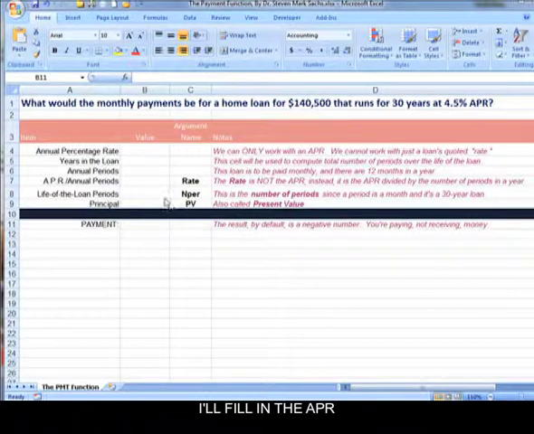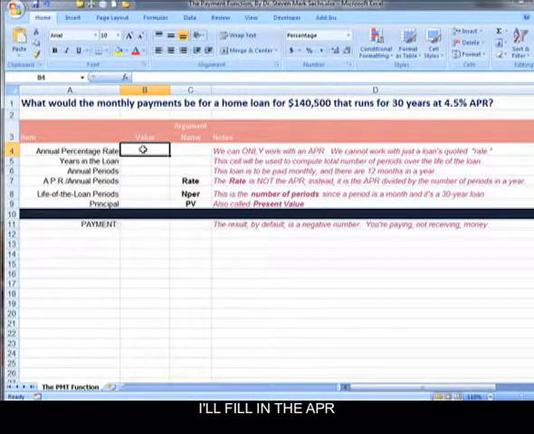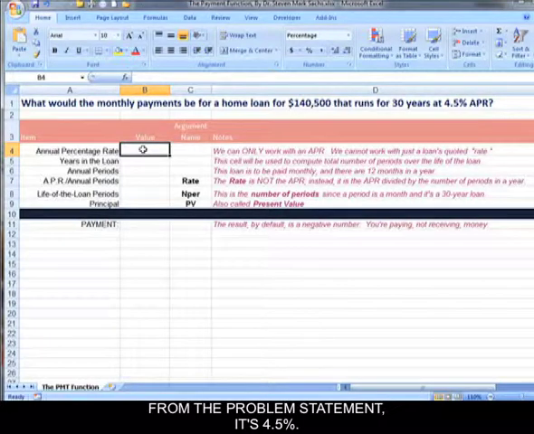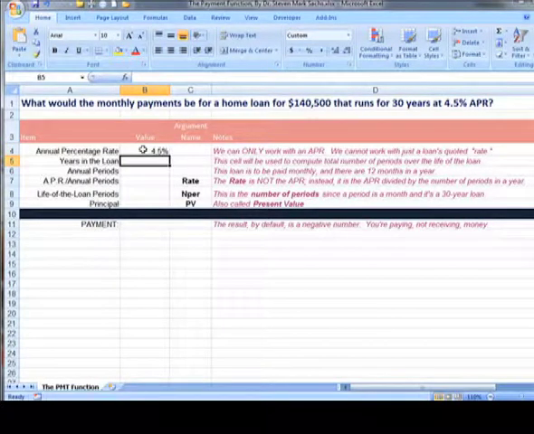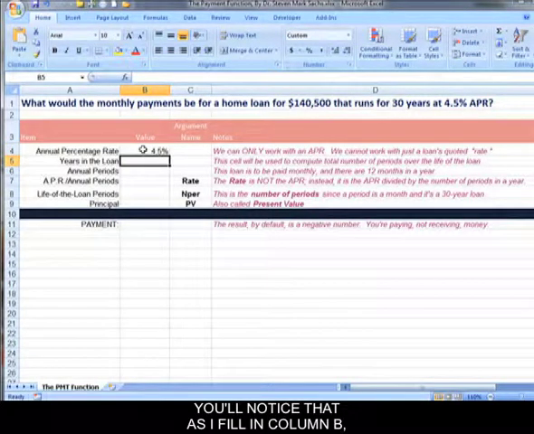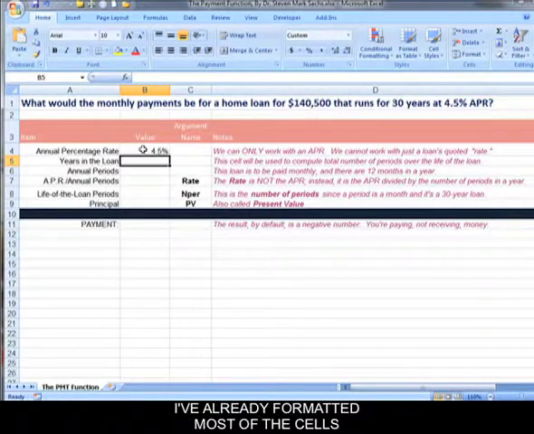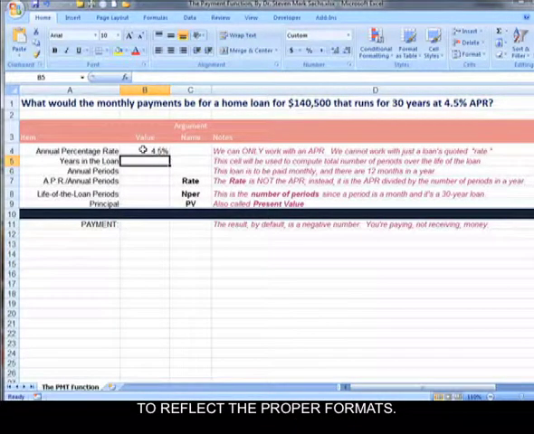Let's look at the entire homework sheet that I have devised to help explain the arguments. I'll fill in the APR from the problem statement. It's 4.5%. You'll notice that as I fill in column B, I've already formatted most of the cells to reflect the proper formats.